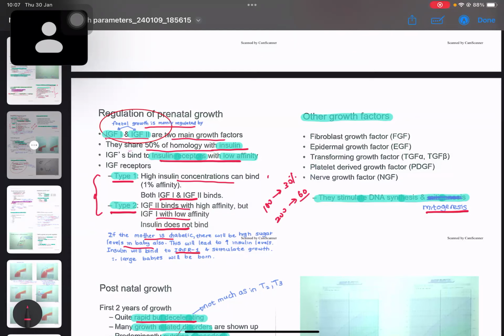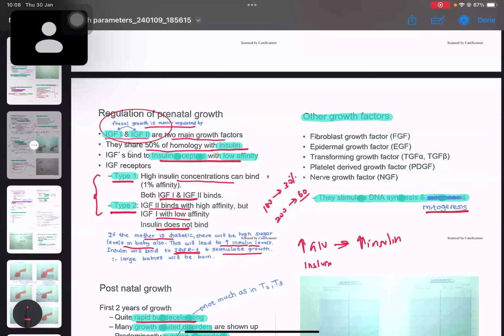This will lead to a high insulin level. You all know that if glucose level increases, insulin also increases to reduce that. So in babies born to diabetic mothers, the insulin level also increases because the baby has a high glucose level. So insulin will bind to the IGF receptor 1 and stimulate growth. This insulin has the potential to stimulate prenatal growth in in utero babies.